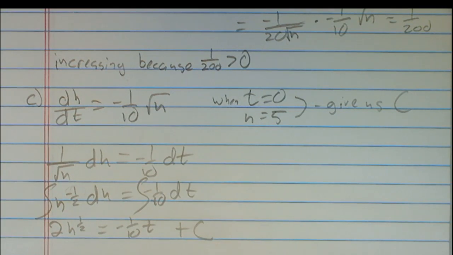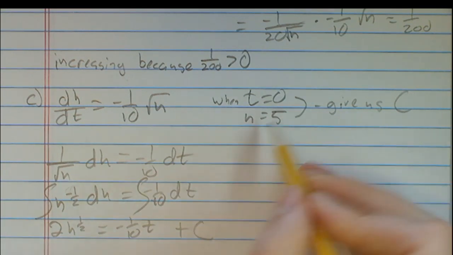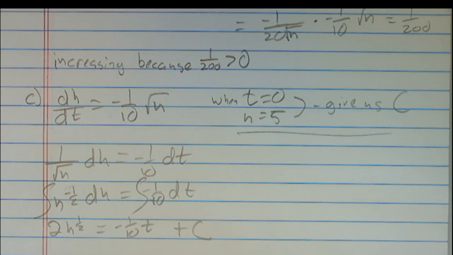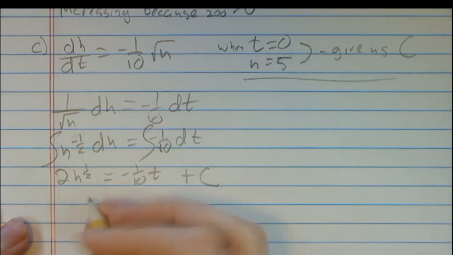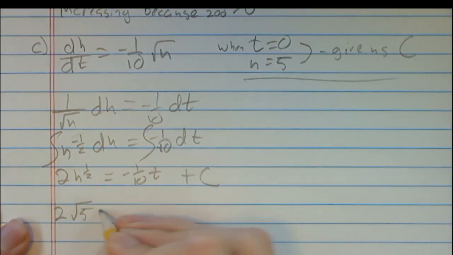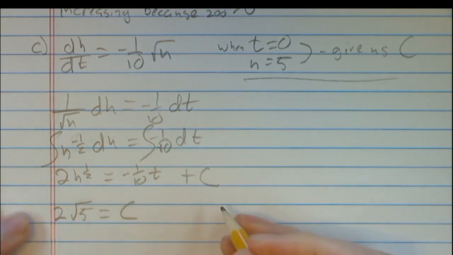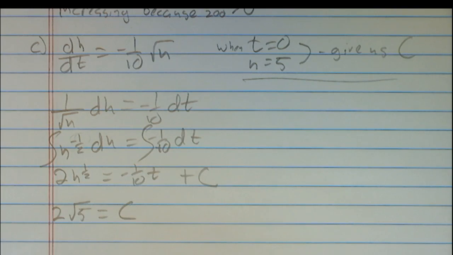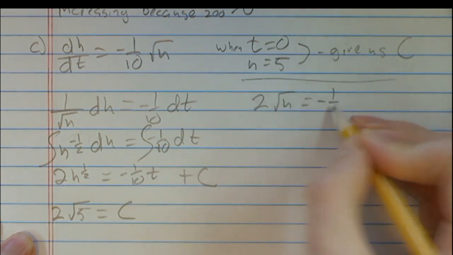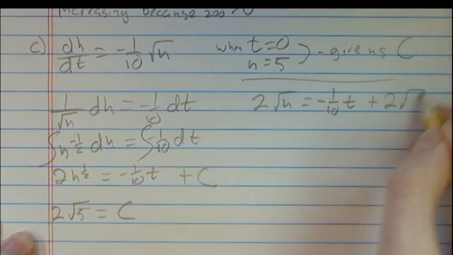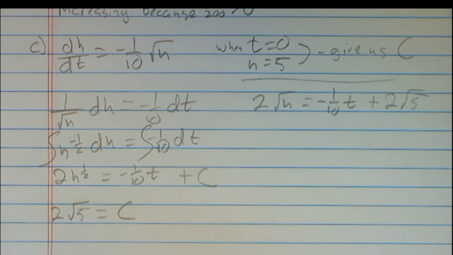Now we've anti-differentiated, and we can plug in this stuff to give us our value of c. So h equals 5, so we got 2 square root of 5 equals 0 plus c. So 2 square root of 5 is c. Does it ask us to find this in terms of t? Yes, it does. Okay, so we have 2 square root of h equals negative 1/10 t plus 2 square root of 5.